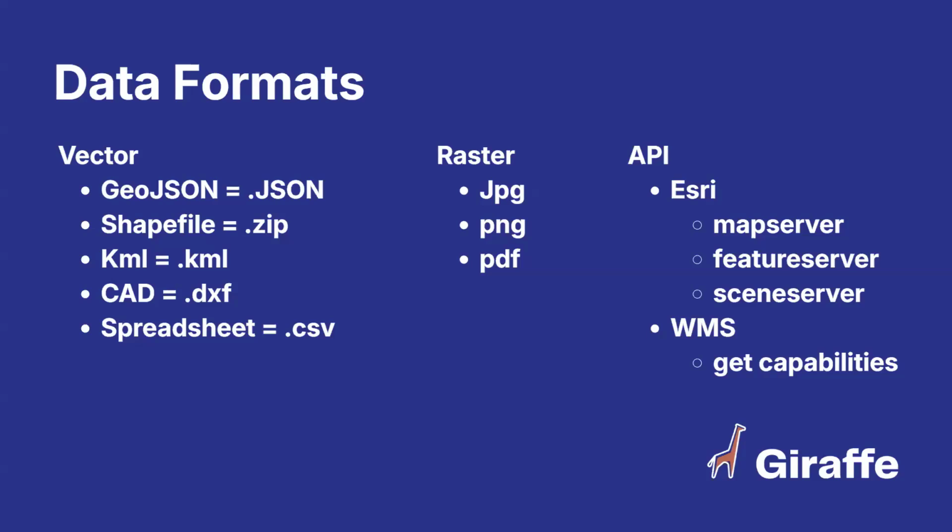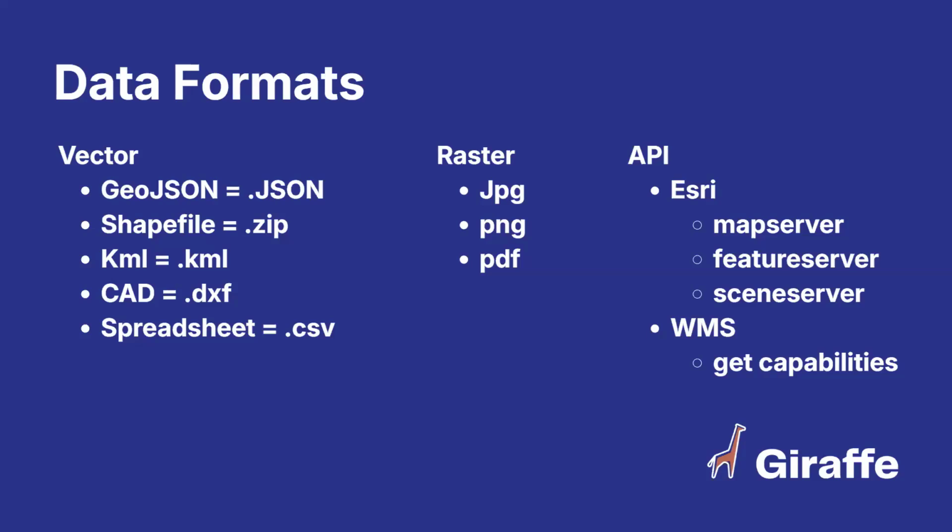And then from CAD, which there are various CAD programs, but the most commonly used one from probably your architects is going to be AutoCAD. We do allow uploading the DXF format, but as we'll see a little bit later, there are some caveats to that. And then the last vector format that we work with is a CSV spreadsheet of addresses. And we'll also go through the particulars of uploading those.